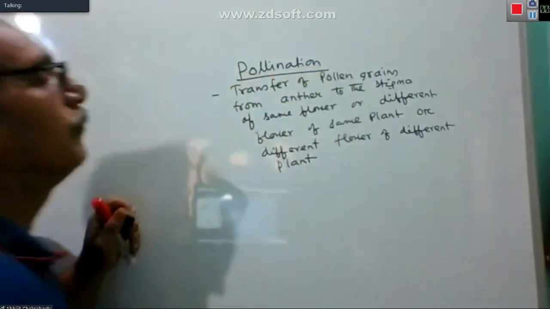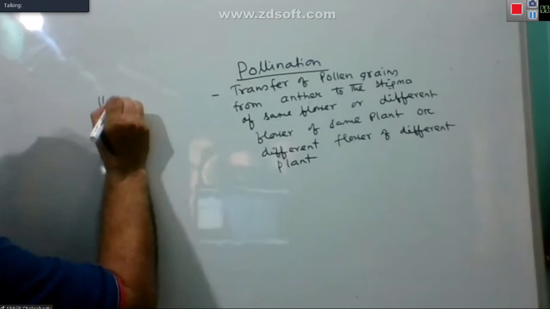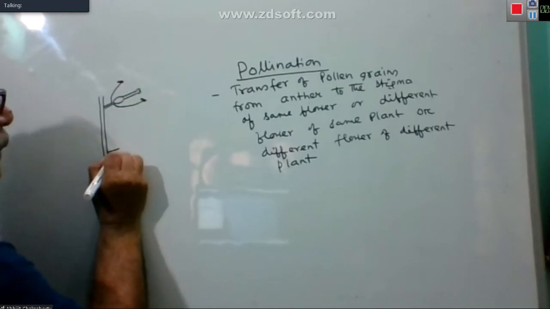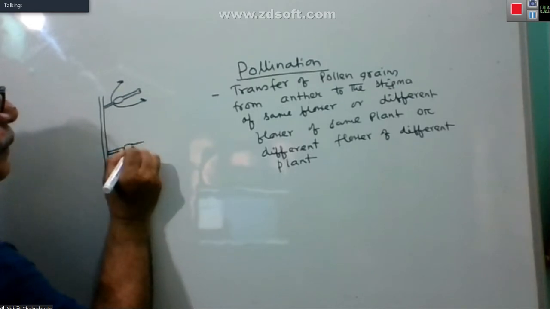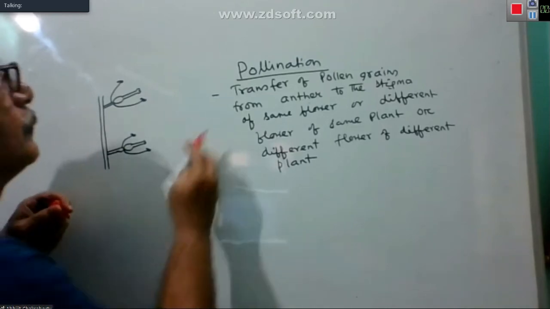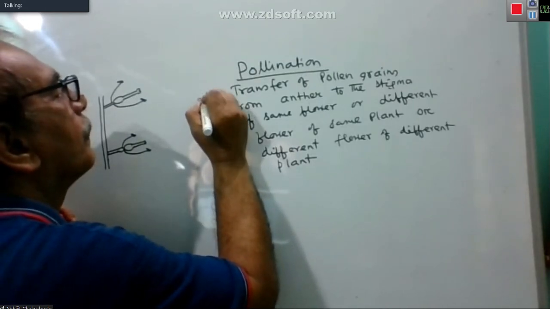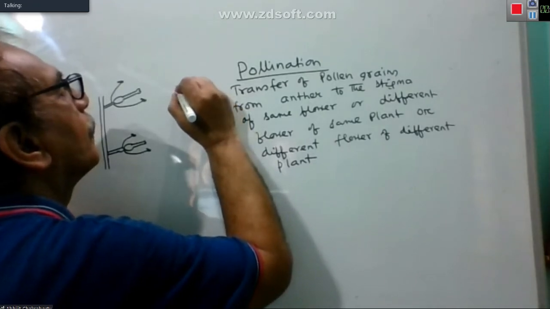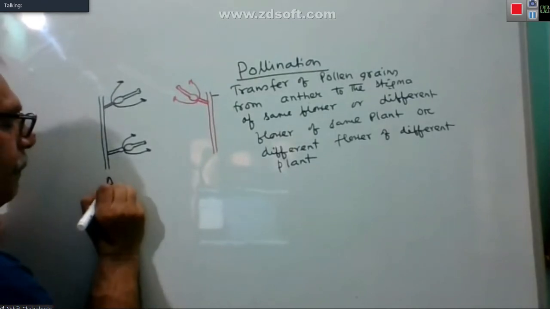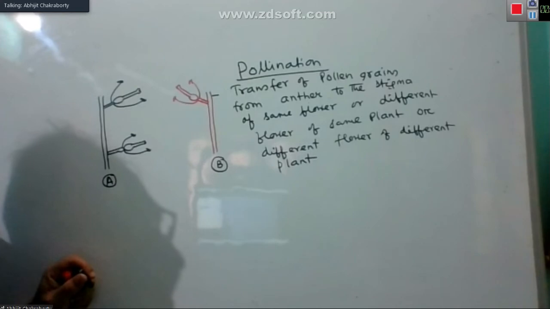Now you see, suppose both plant A and B belong to same species, to different plants, but they belong to same species.